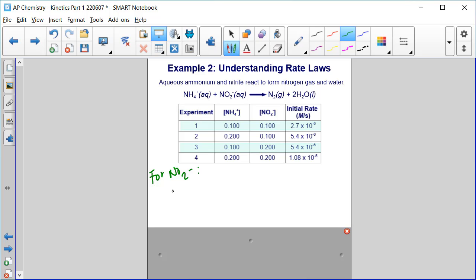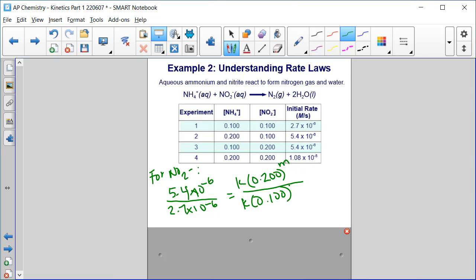I'm just going to use it here to set up the proportion and say the rate for experiment 3, 5.4 times 10 to the minus 6 over the rate for experiment 1, 2.7 times 10 to the minus 6 equals K times the concentration in experiment 3, which is 0.200, to some order, which we'll call M. And this is the first experiment.